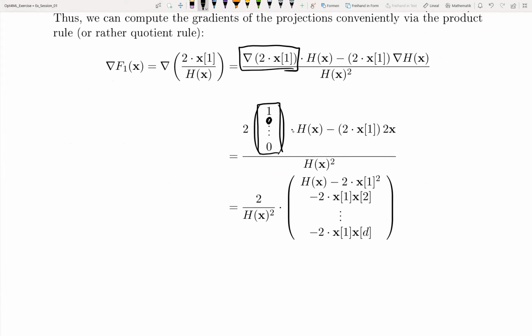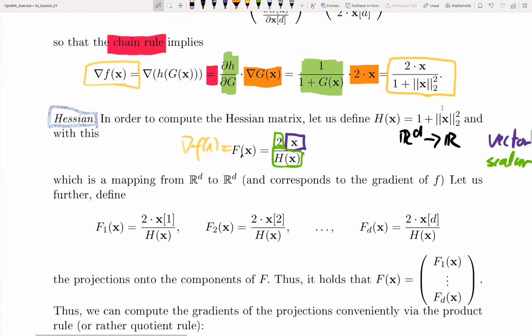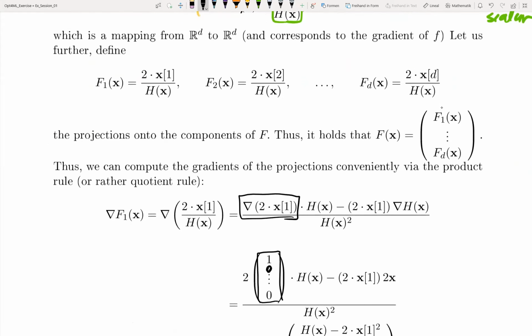What about the gradient of the h function? So the h function is 1 plus the Euclidean norm, and we can also express it like this. So h of x is this. But we can forget about the constant, right? You remember? This was the rule. And if you look now, what is this?